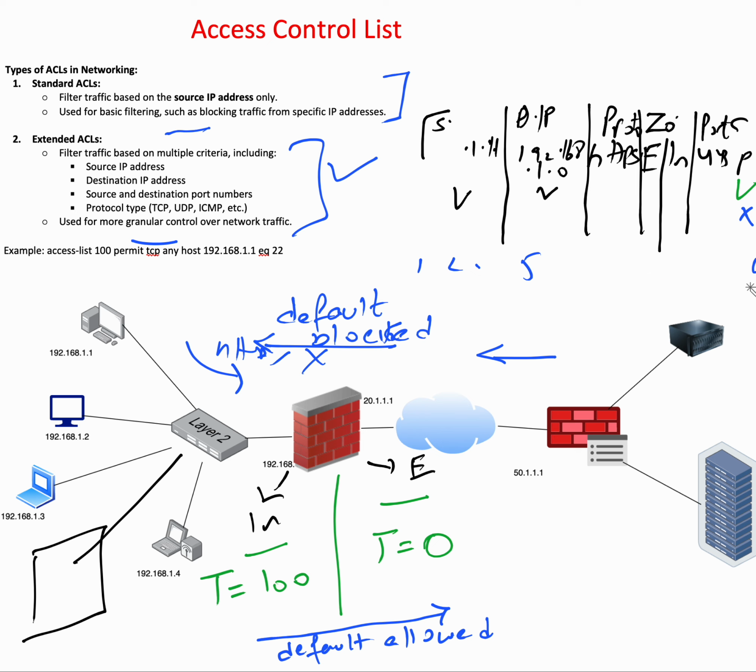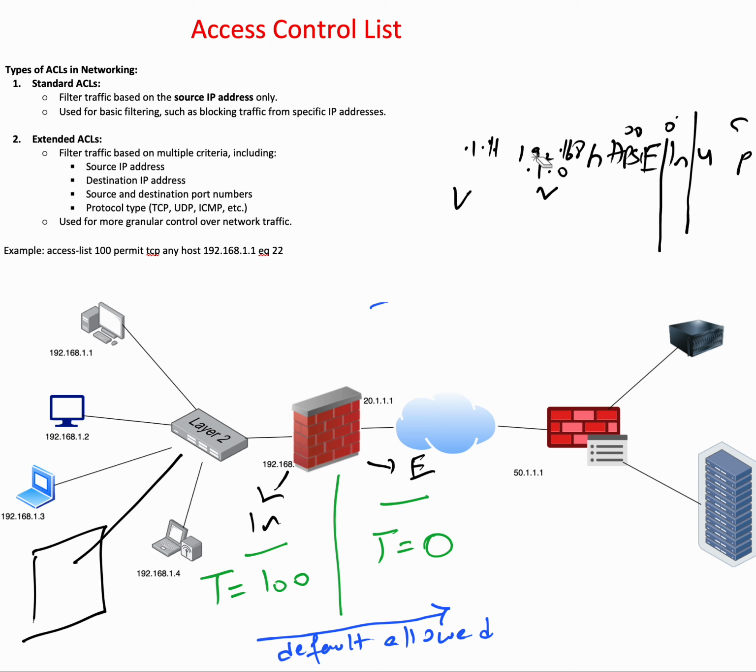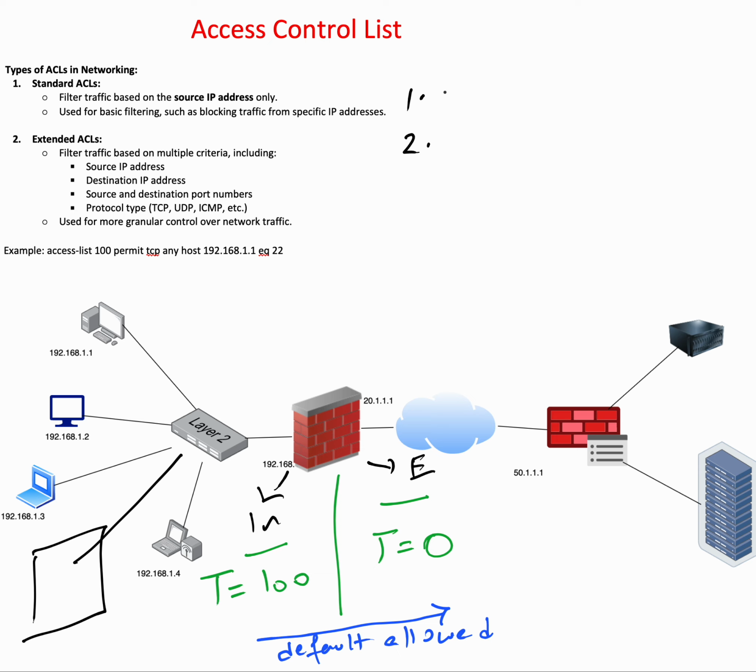One more thing to consider is how the priority is maintained in ACLs. Consider I have two ACLs. You can do that. We can have a number of ACLs. We have ACL 1 and 2. One is saying for the 192 series from source to the 50 series IP addresses, 192.168.1.1 to 50.1.1.1.